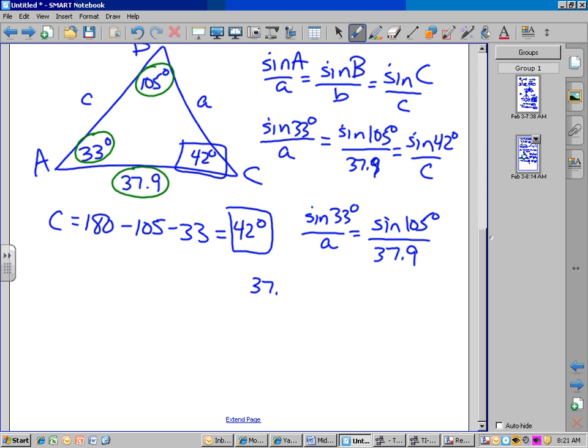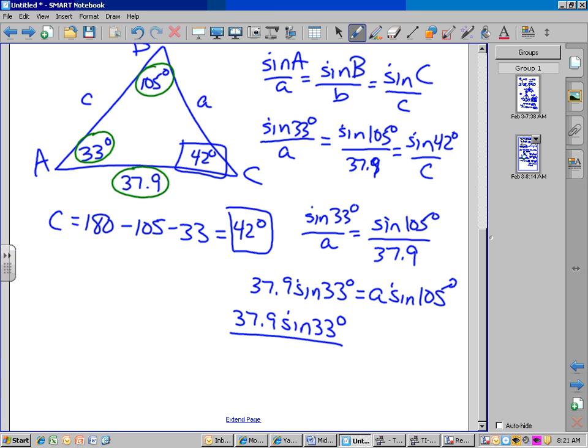So 37.9 sine of 33 degrees equals a sine of 105 degrees. Dividing, you get 37.9 times the sine of 33 degrees all over the sine of 105 degrees equals a.